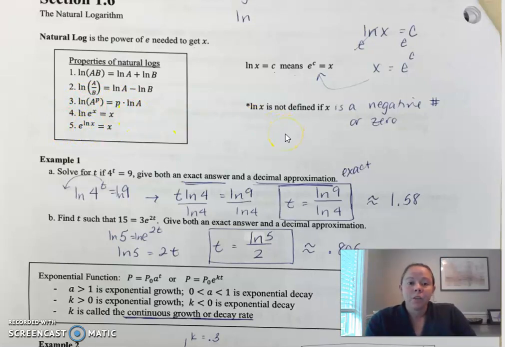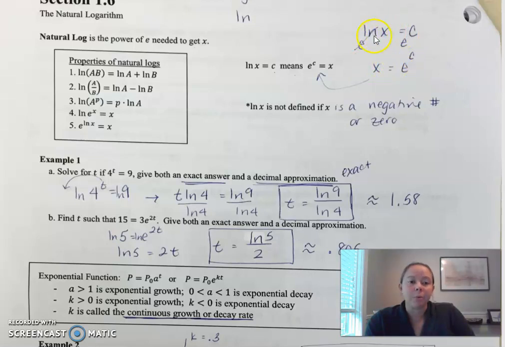Okay. So that's what I've done over here. If you had started with natural log of x equals c, and I want to try to get x by itself, I'm going to use this number 5 property. I'm going to base e both sides, which is perfectly legal. But what this does is this property says, hey, that e to the natural log of x, that e and natural log can cancel, so you're just left with x equals e to the c.